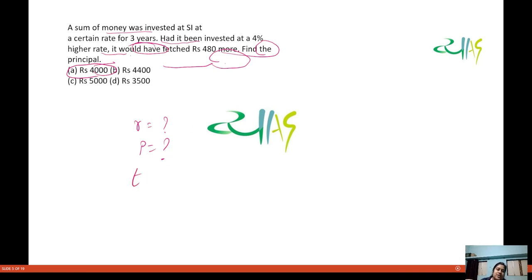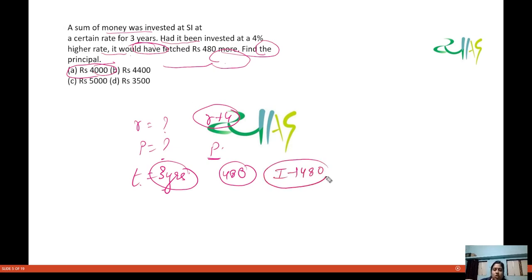We just know the time is 3 years. Had it been invested at 4% more, then instead of R we would have R plus 4, and the same principal would fetch 480 more. That means your interest will become I plus 480. You have to find the principal here.